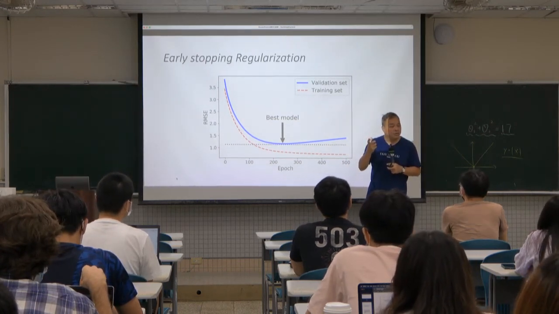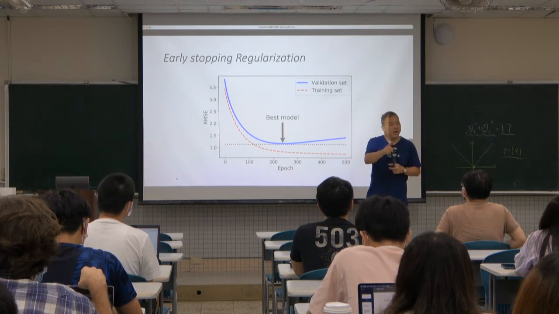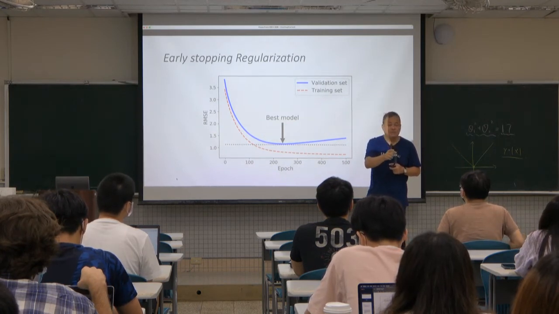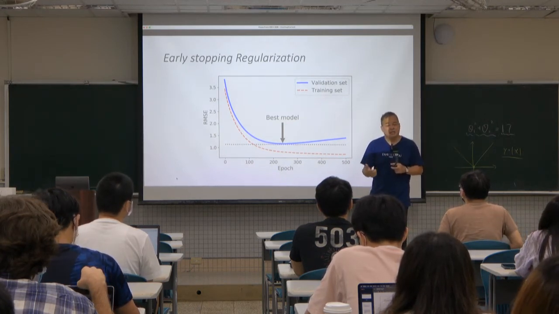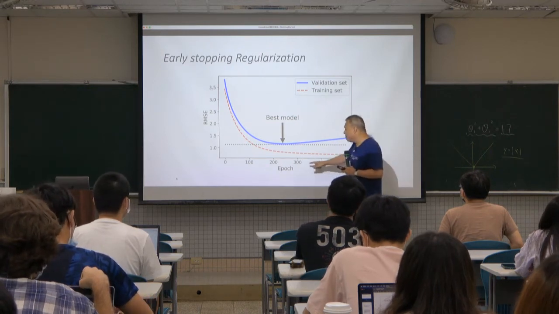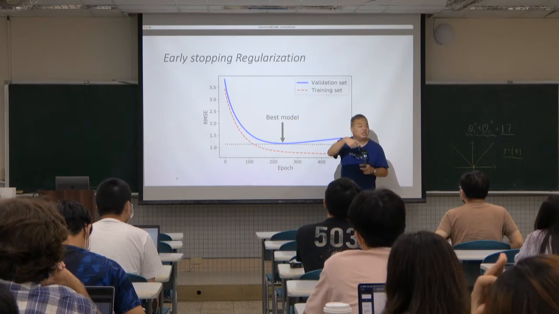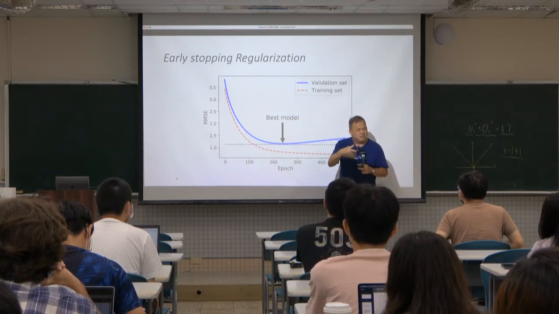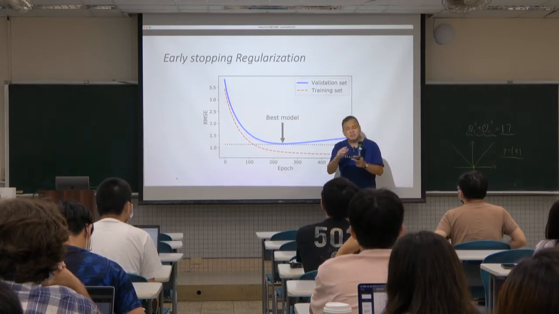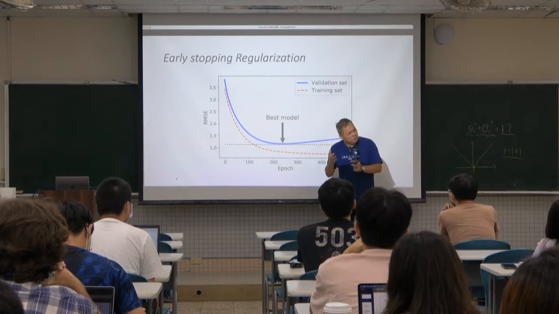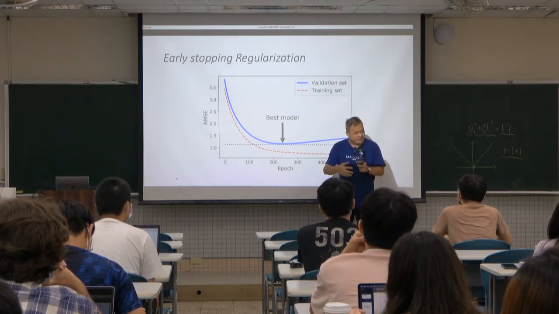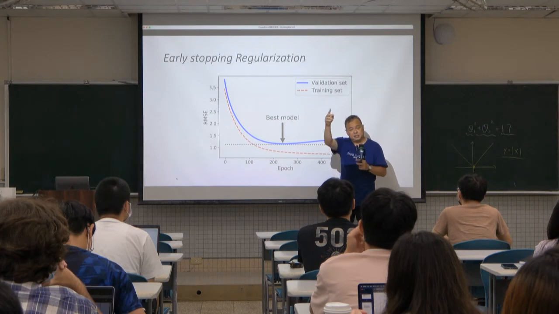Another way to represent the learning curve is to use the number of epochs or iterations for the training. These two are roughly equivalent because more iterations normally means more data considered in the training anyway.